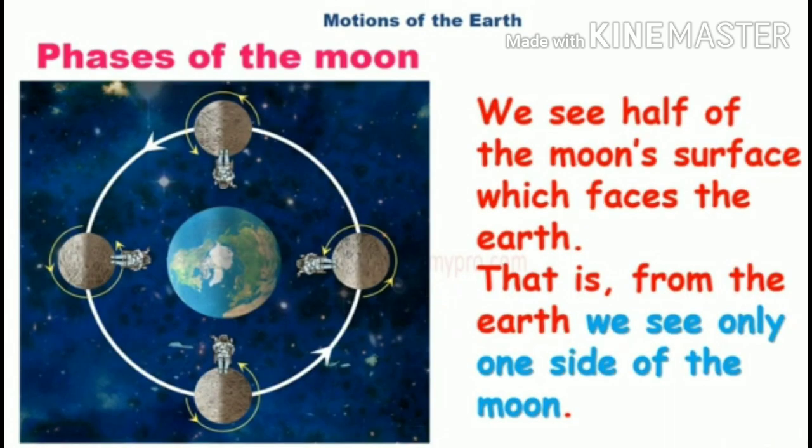From the Earth, we see half of the moon's surface which faces the Earth. That is, from the Earth, we see only one side of the moon, not the other side.